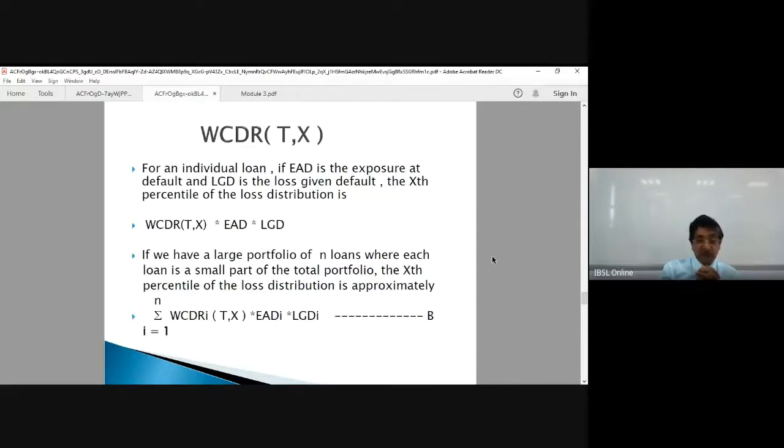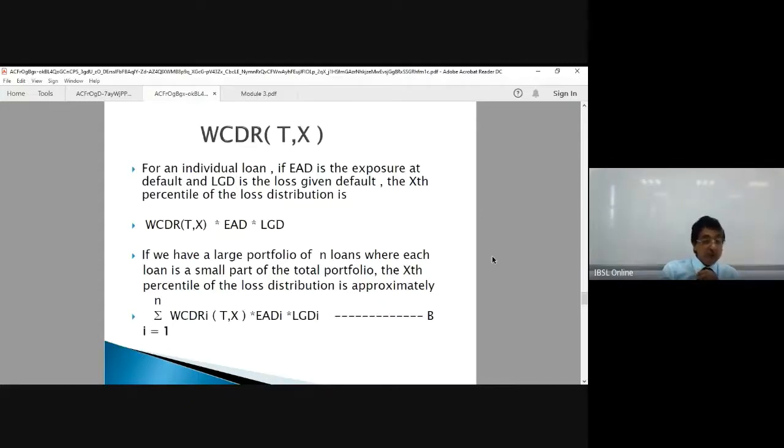Now say in a portfolio, if you have 2 loans, how many pairs are there? Only 1 pair, say AB. When you have 3 loans, how many pairs can you have? You will have 3 pairs, AB, BC and AC.